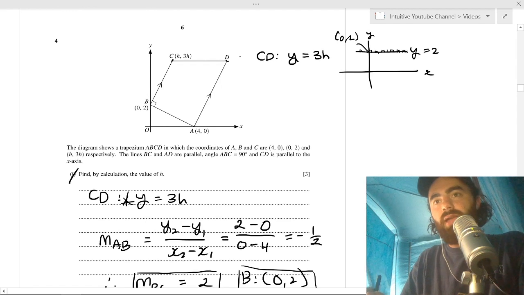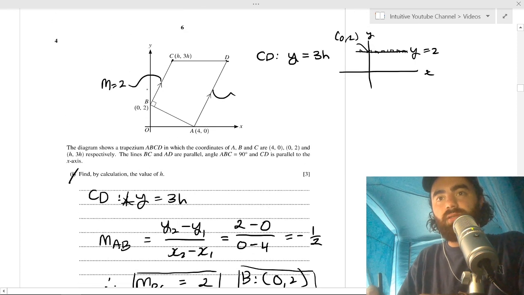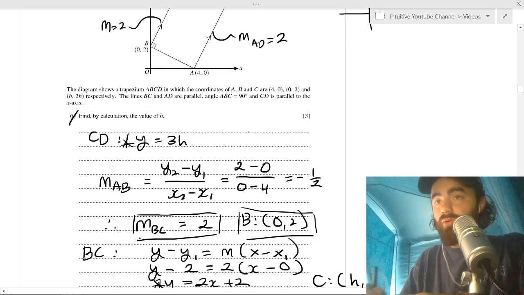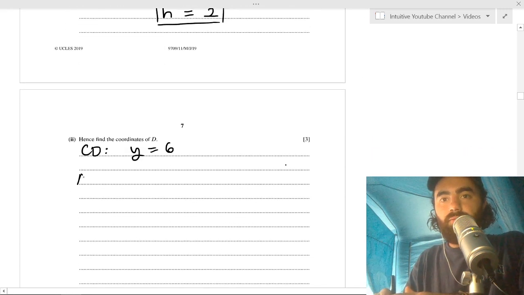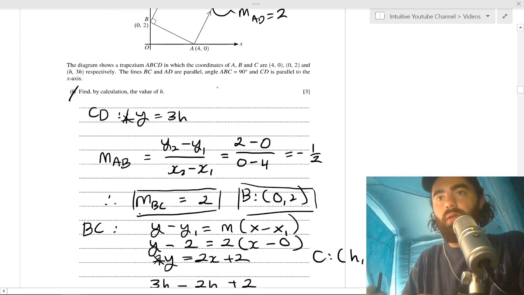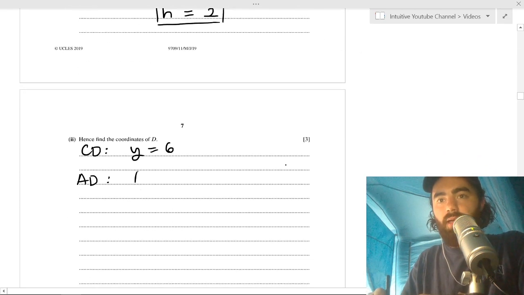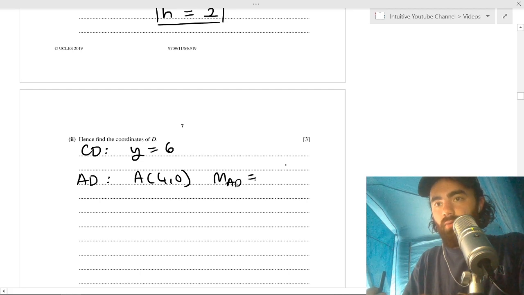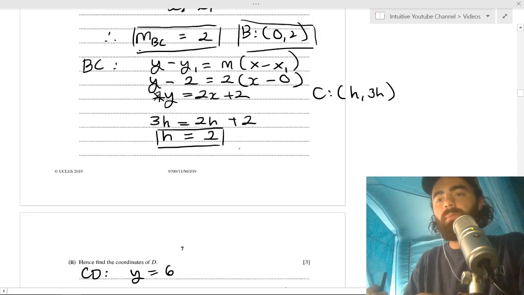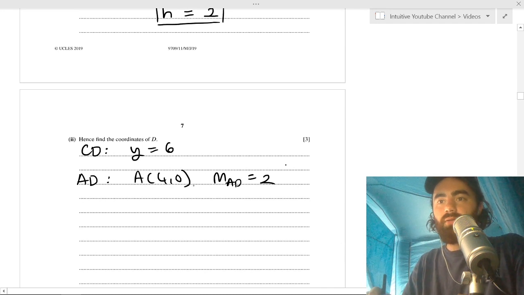And so the equation of AD, well, we know that the gradient of this line BC was equal to 2. So because this is parallel, the gradient of AD equals 2 also. Now we have a point, A (4, 0), and we have the gradient of AD, which is equal to 2 because it's parallel to BC.